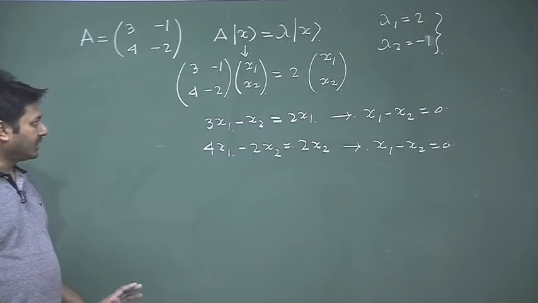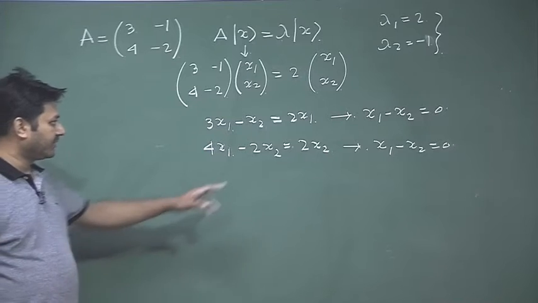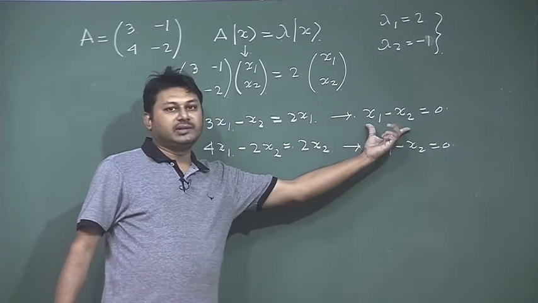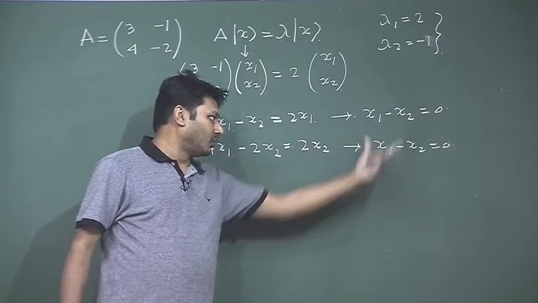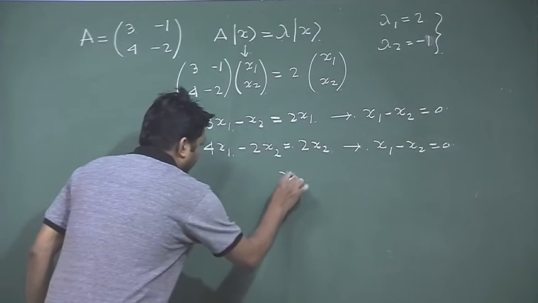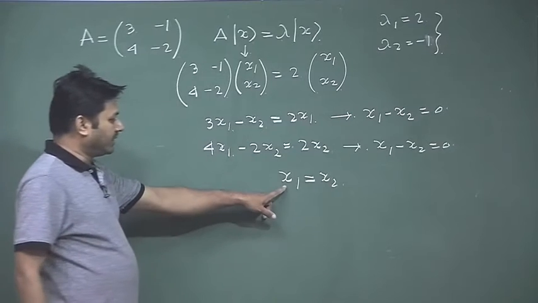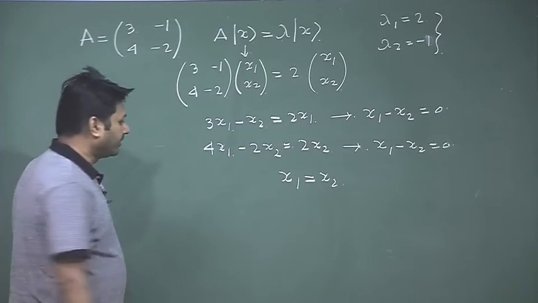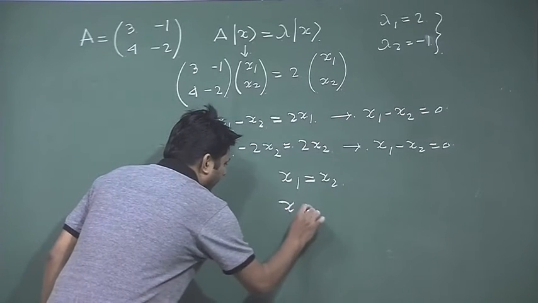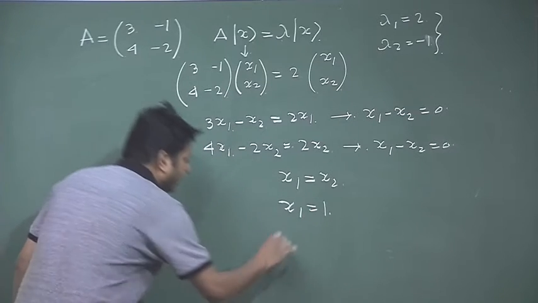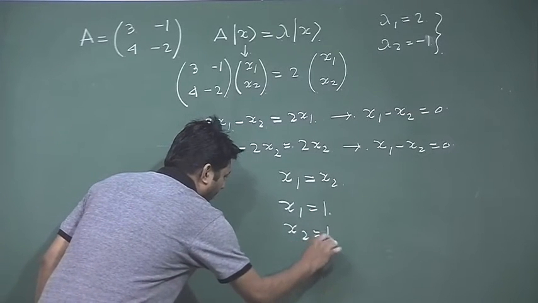Why I am not getting a unique result, I will explain. So, let me first find out how to do these things. Always you will get these things. So what you will do, you know x1 is equal to x2. Now you need to put in an arbitrary value. So x1 I put 1, then x2 has to be 1.